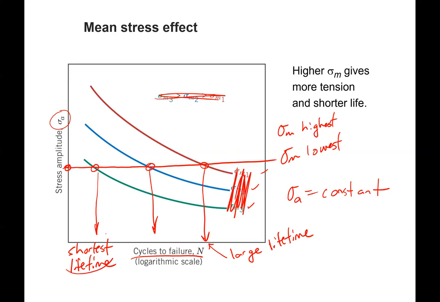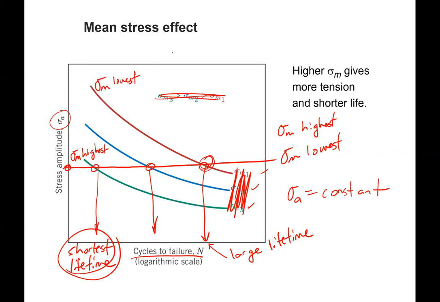So if I have a sample that's got the shortest lifetime, it has to be one that has the most damaging stress conditions on it. So that means the highest mean stress value. So this would be my highest mean stress. And likewise, this curve over here that has a very long lifetime must have the lowest mean stress.